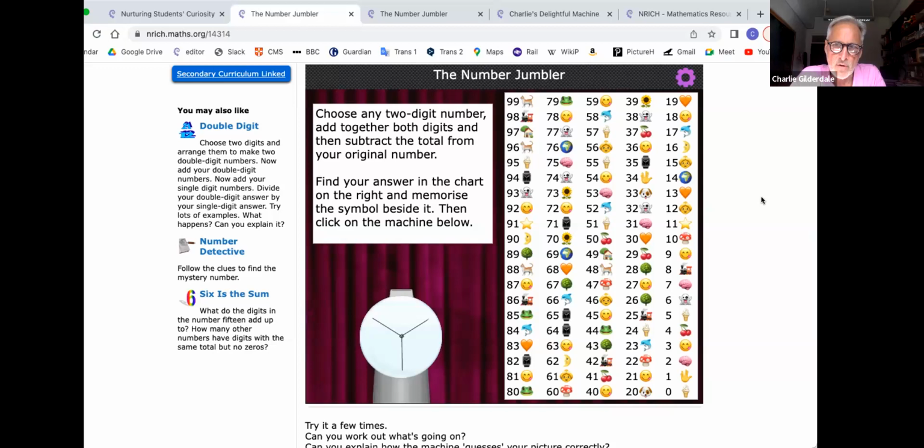Would anyone like to have a go in the chat to try and explain why you get a multiple of 9? And again, it doesn't have to be an algebraic explanation. No. So algebraic explanations would be very welcome from secondary age students.